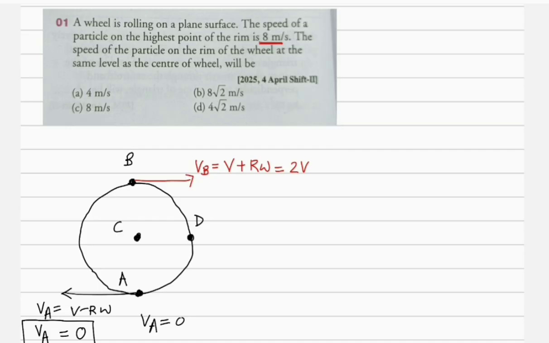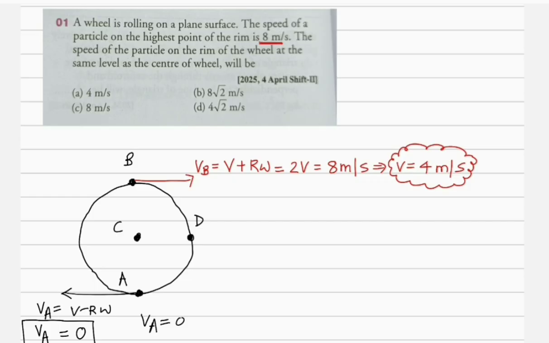The speed of the particle on the highest point of the rim is 8 meter per second. So 2v is equal to 8 meter per second. So the value of v will be 4 meter per second. 2v is equal to 8, so v gives you 4, obvious.